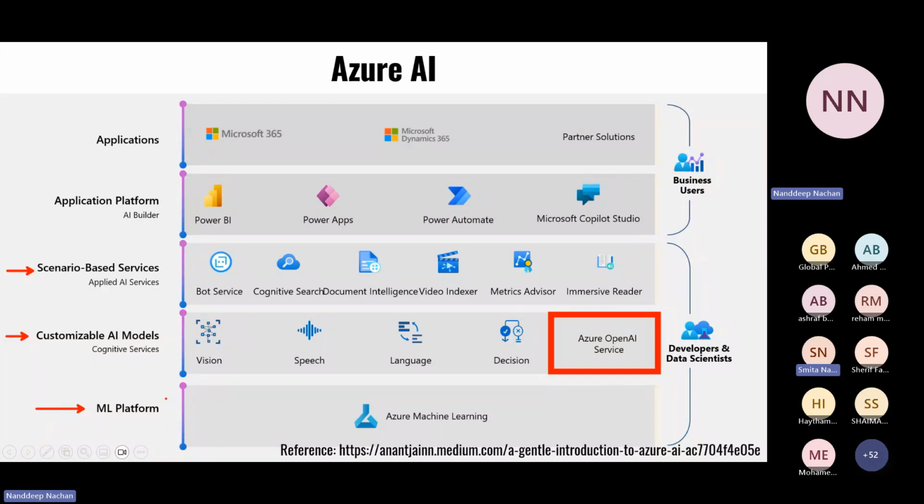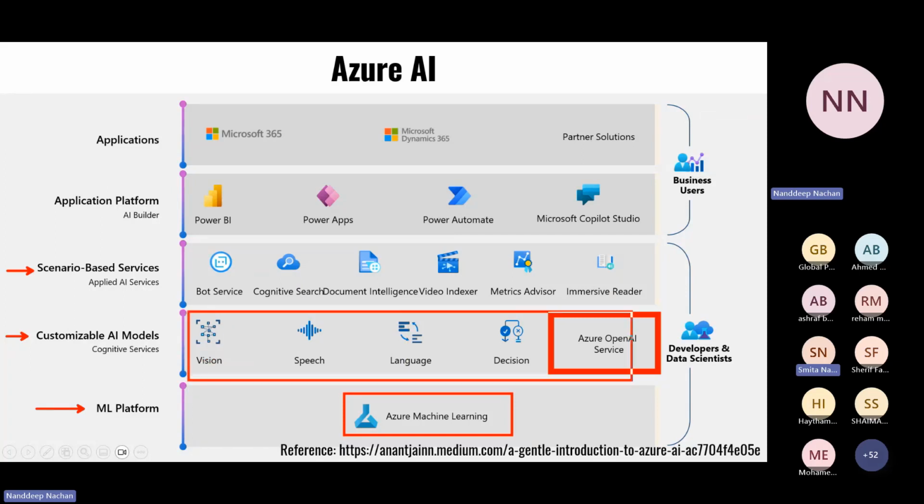The first one is Azure Machine Learning, a cloud-based platform that allows developers to build, deploy, and manage machine learning models as well as create custom machine learning algorithms. The second one is Azure Cognitive Services, a collection of pre-built APIs that allows developers to add capabilities such as natural language understanding, computer vision, and speech recognition to their applications.